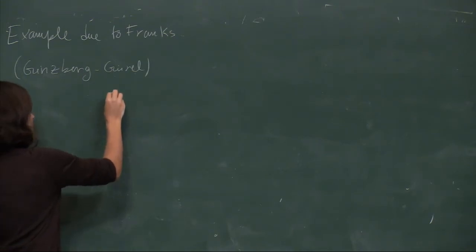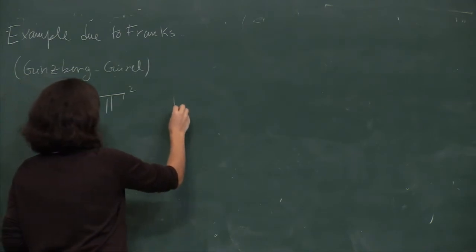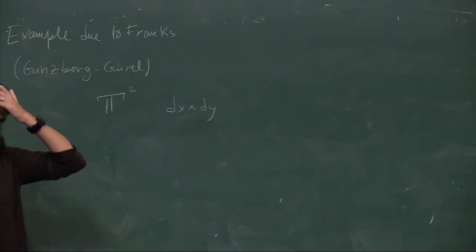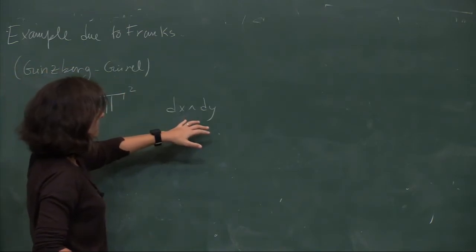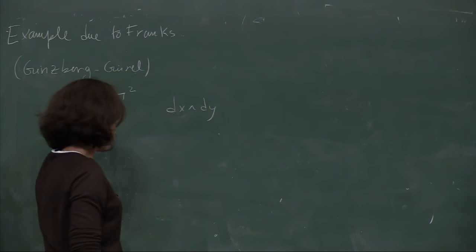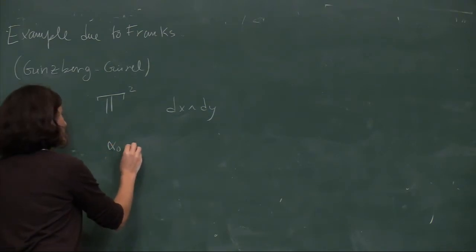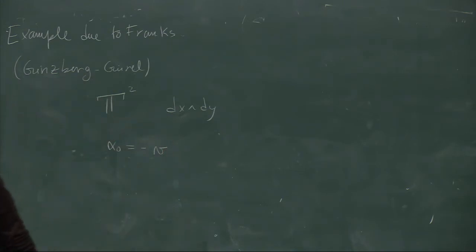We are in T2 with the standard symplectic form, dx wedge dy. Consider this one form, I'll call it alpha naught, as minus v dx plus u dy.